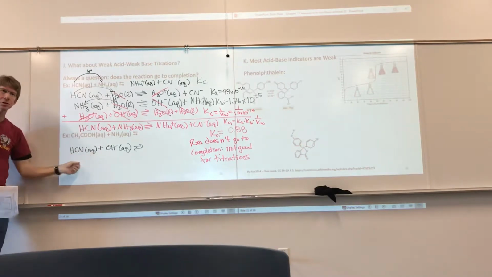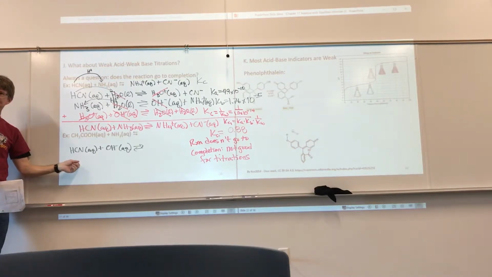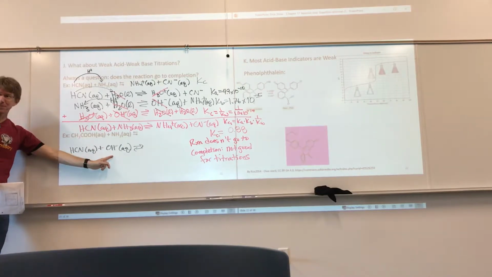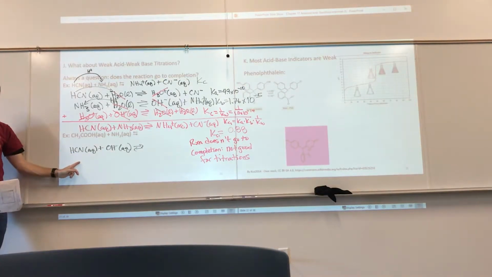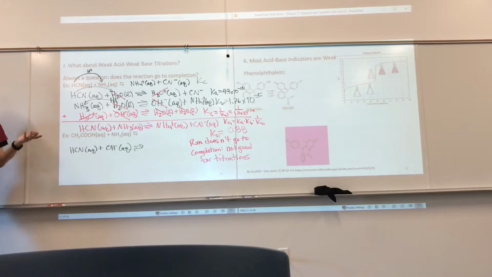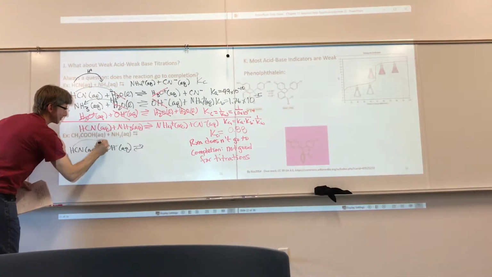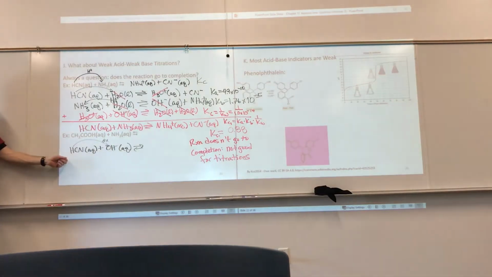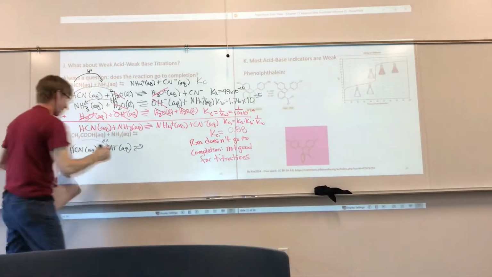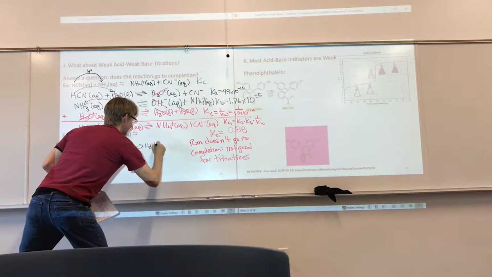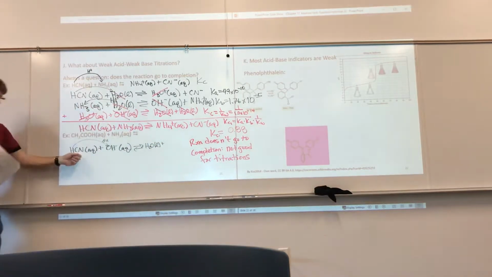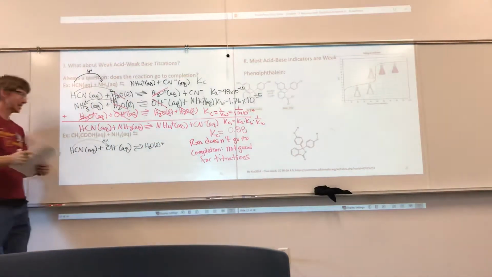So the question could be, write the products and tell me the K value for this. Now, that's going to be your base, right? That's going to be your acid. I love this so much, by the way. Here comes another rainbow. Has to be that way, right? That means that we're going to have H2O and cyanide, CN minus.